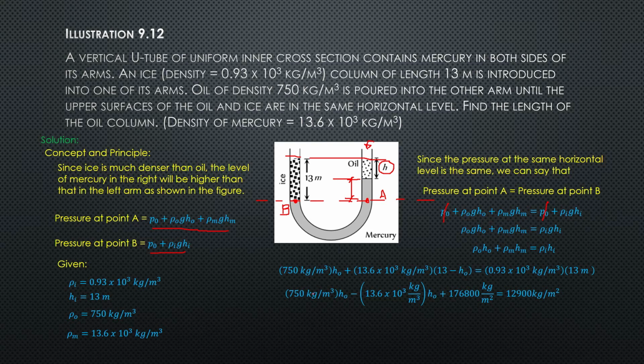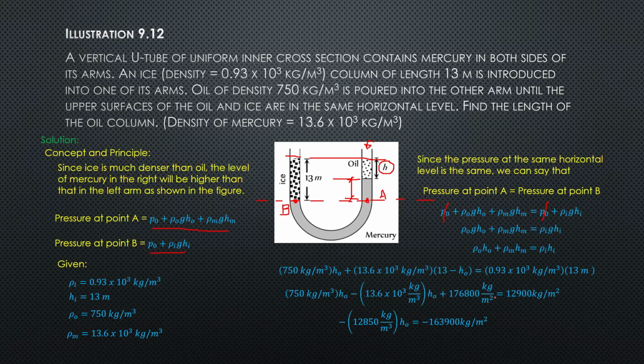Simplifying this and combining like terms, this is a constant and that is also a constant. So 12,900 minus 176,800 gives us a value of negative 163,900 kilograms per square meter.